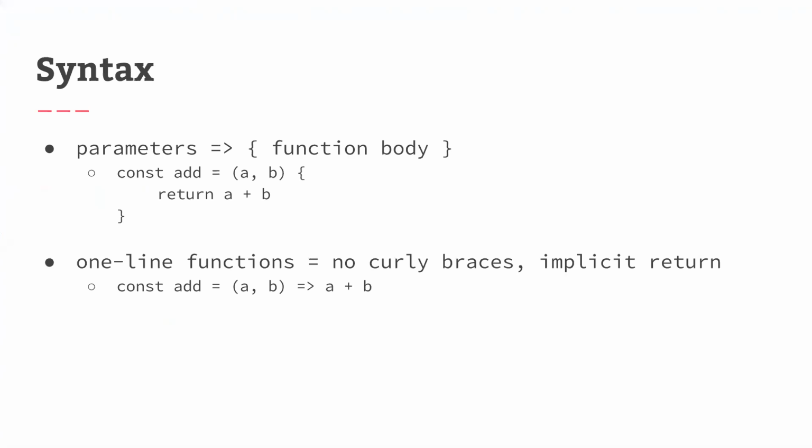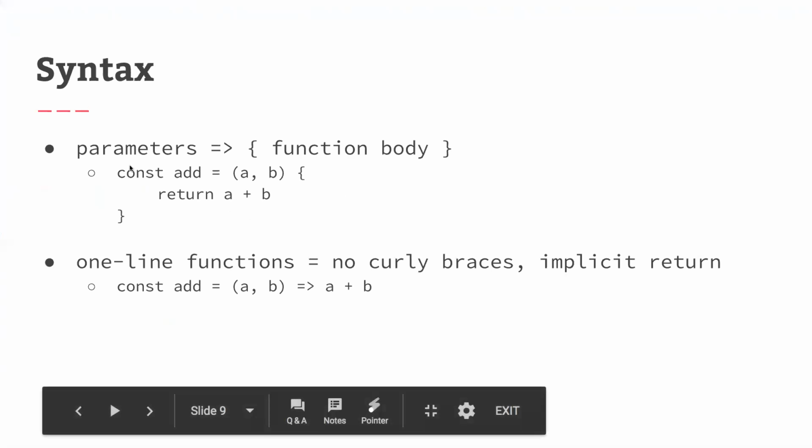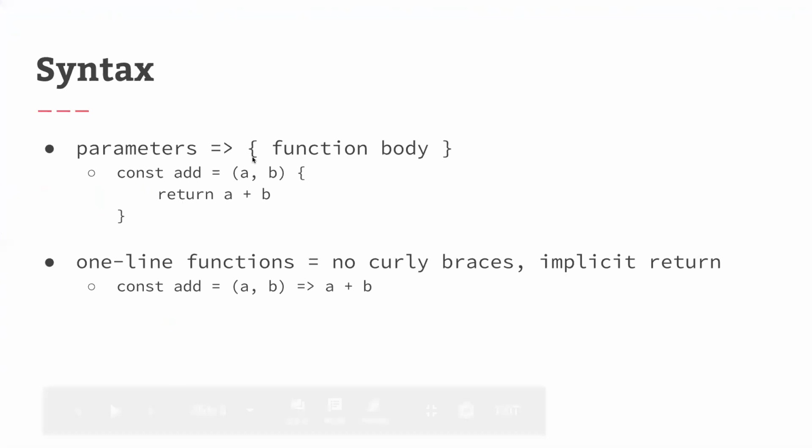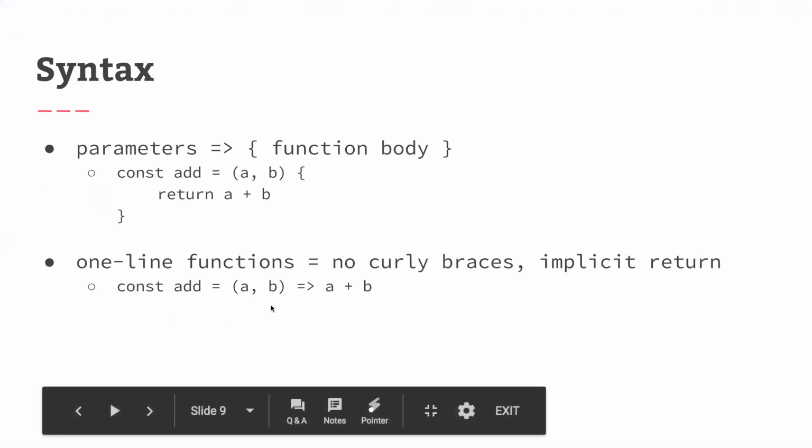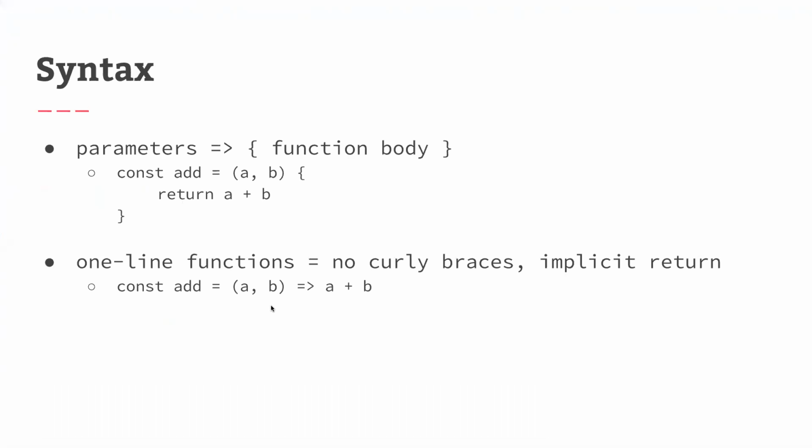So here I'm defining my add function as the parameters, and then the function body. And for a one line function, there are no curly braces, and there's this implicit return. It's going to return A plus B if I don't use the curly braces.